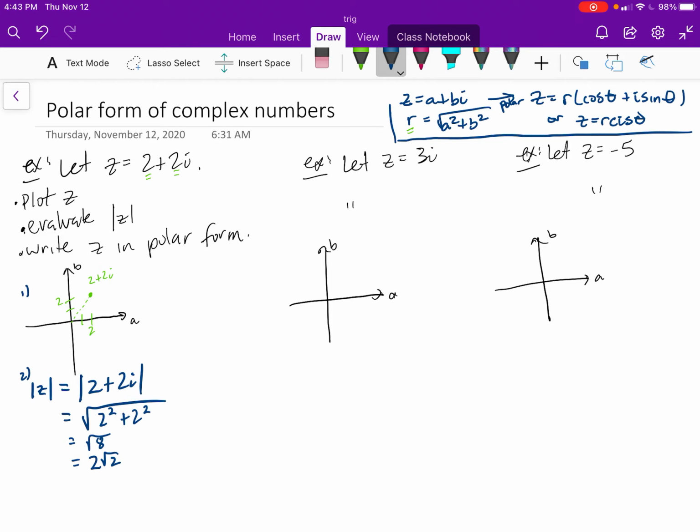And last, to write this in polar form, I wrote this in the upper right, z equals r cosine theta plus i sine theta. That's polar form. We need theta, right? In previous sections, what we did was find a polar coordinate, not a complex number, just changing a Cartesian coordinate to a polar coordinate.